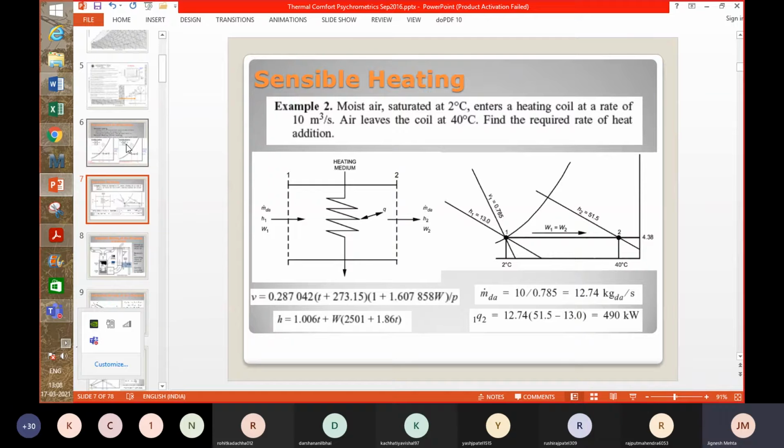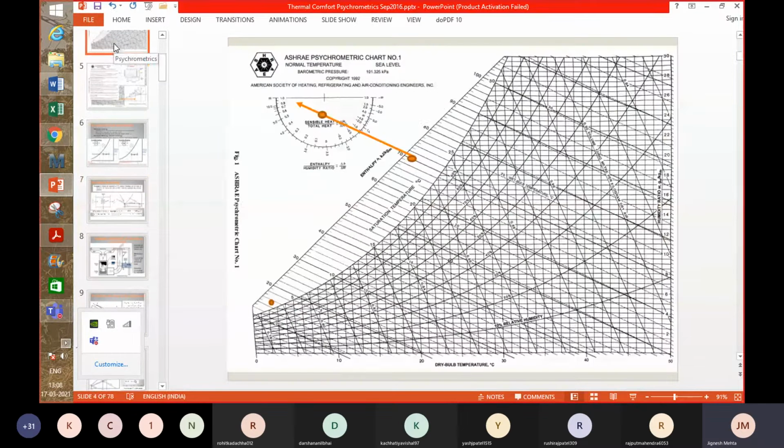If these are the conditions of inlet air, outlet conditions have been prescribed, you are only going for sensible heating, and the volume flow rate of air is given. Okay, so as you know, state 1 is 2 degrees Celsius and saturated. Right, so that was also shown with the help of this chart.